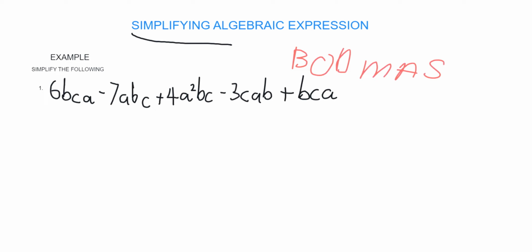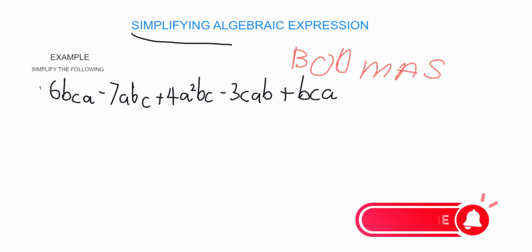Remember that we need to follow the BODMAS rule, but can only add or subtract like terms and write answers with variables in alphabetical order and terms in descending power. You might not get what it means now, but we are definitely going to unpack all of those. So let's get it started.